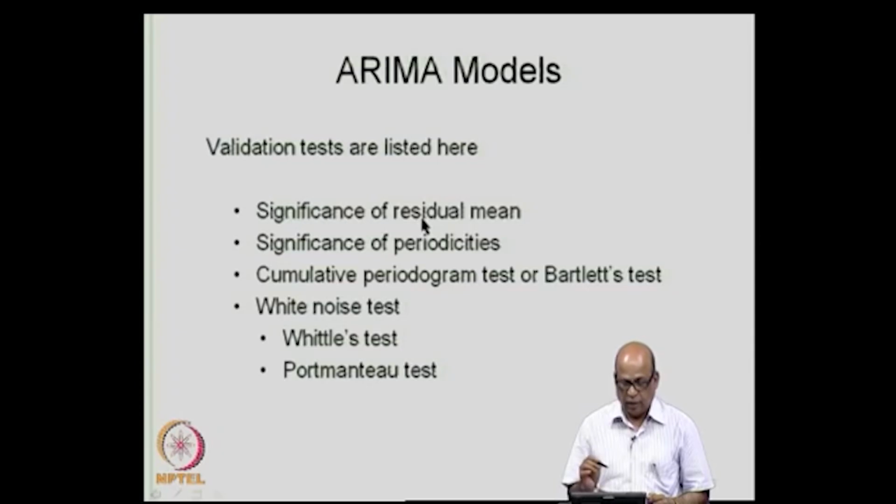So, we say that the mean is not significantly different from 0, that is the test that we make. Similarly, for the significance of periodicities, you may still have periodicities present when you do the spectral analysis, the spikes may still appear, but the periodicities that you identify on the residual series must be insignificant, all of them must be insignificant.